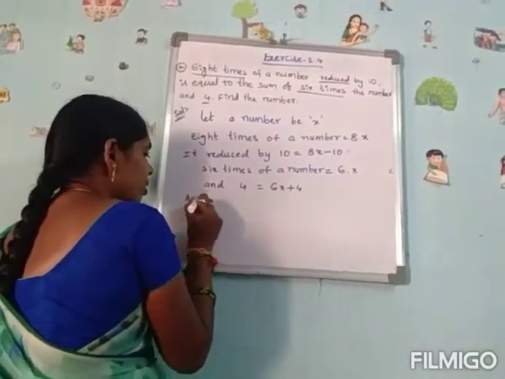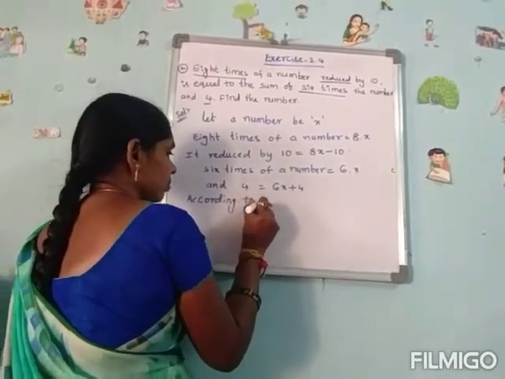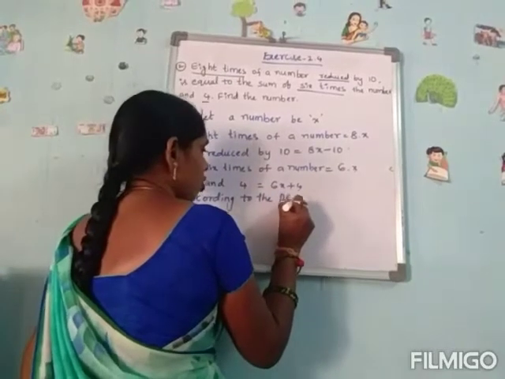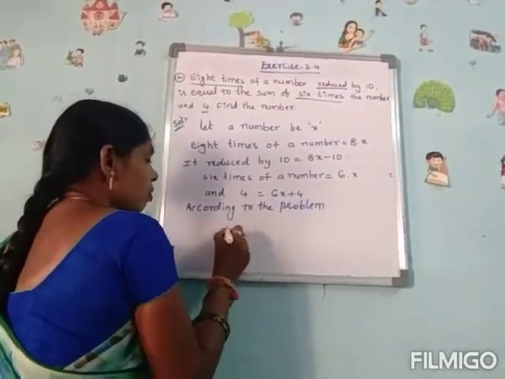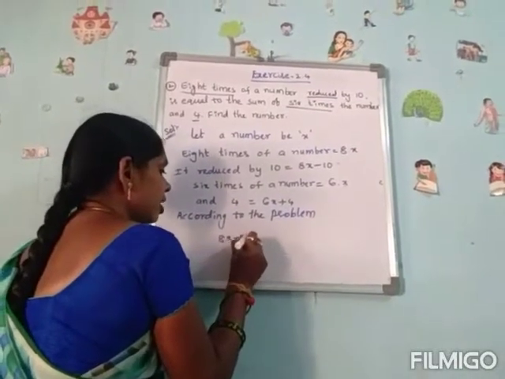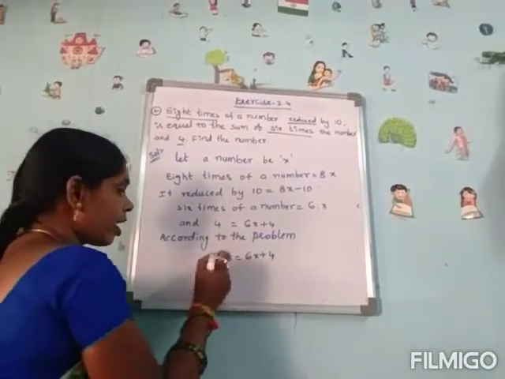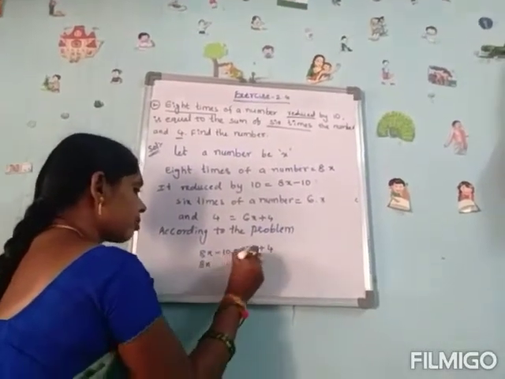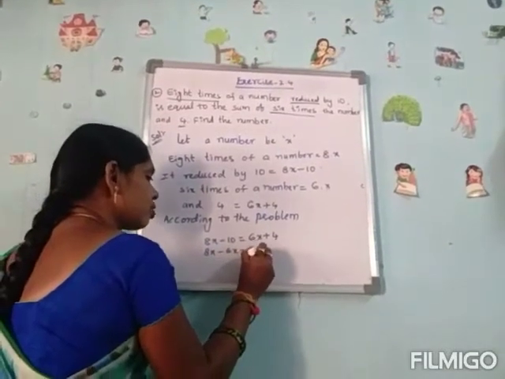According to the given problem, 8x minus 10 equals 6x plus 4. Take the variable to the left hand side: 8x minus 6x equals 4.